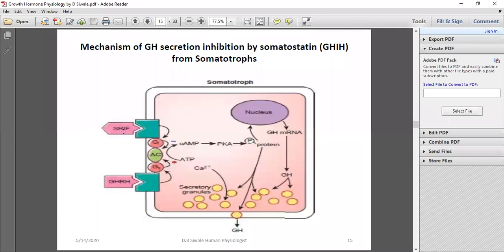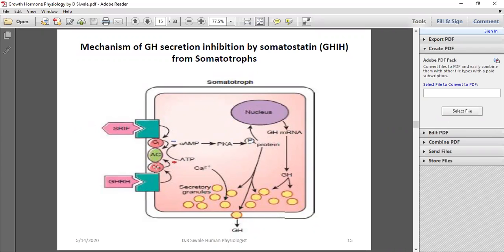Inhibition, we said, it's because of the somatotropin releasing inhibitory factor, the SRIF, somatostatin releasing inhibitory factor. So what this SRIF does, it just inhibits growth hormone releasing hormone from binding to this receptor.